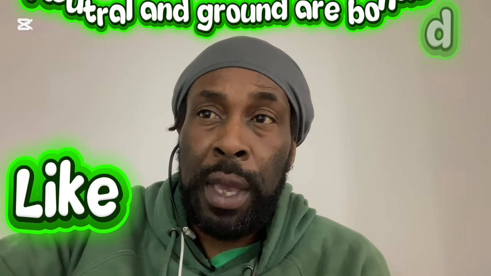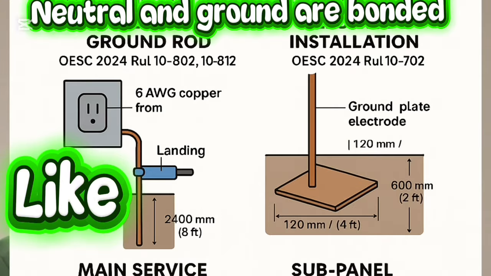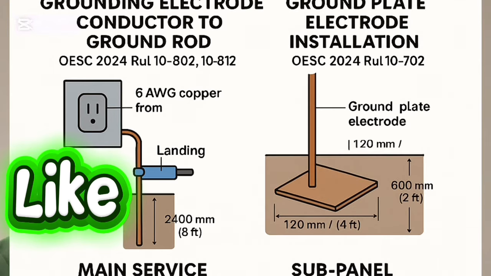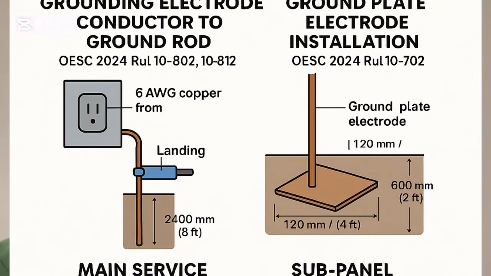Neutral and ground are bonded. At a sub-panel, neutral must be isolated. Ground bar bonded to the full enclosure.